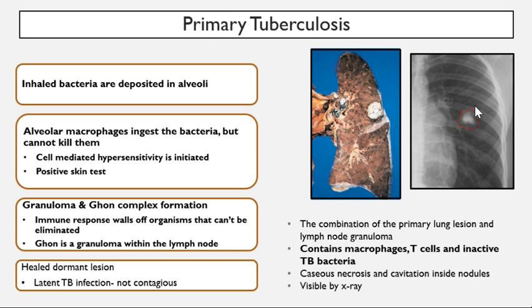Then you can have a cell-mediated hypersensitivity, which is why your immune system has memory about mycobacterium. You can put a little bit of that mycobacterium antigen underneath your skin, and that's what these tuberculosis skin tests are.